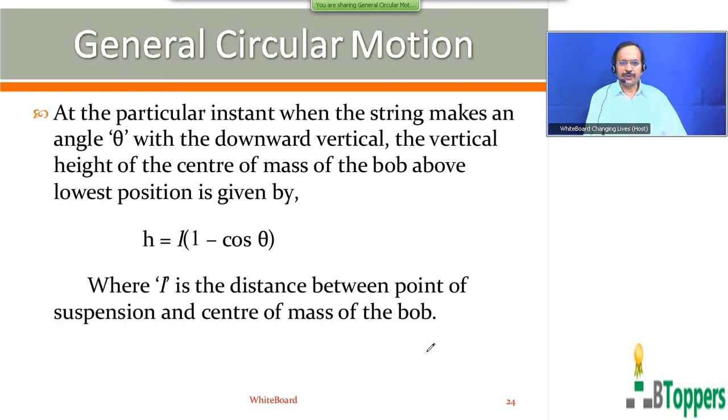So whatever conclusions I have discussed so far in the case of motion of bob of a simple pendulum, similar conclusions hold good even for the motion of a block moving around a smooth circular track in the vertical plane.